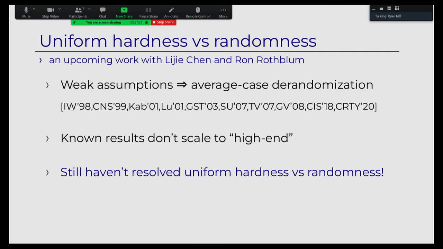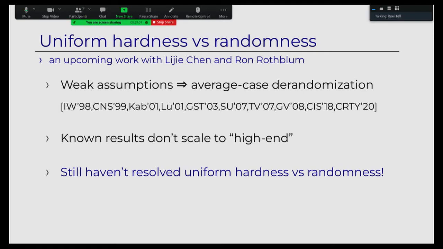What we are interested in right now is weak assumptions that imply average case derandomization. For example, standard complexity theoretic stuff, BPP is different from X, and what can you get from it? And it's a long line of work starting again in the late 90s, and it's analogous.